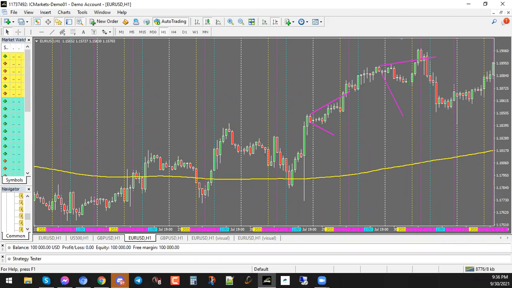You will always find these patterns on generally every pair. Okay, so it's not a situation where you can only find these setups on the euro dollar, US dollar pair. You can also find them on pound, on euro, JPY, or whatever pair you're looking at.